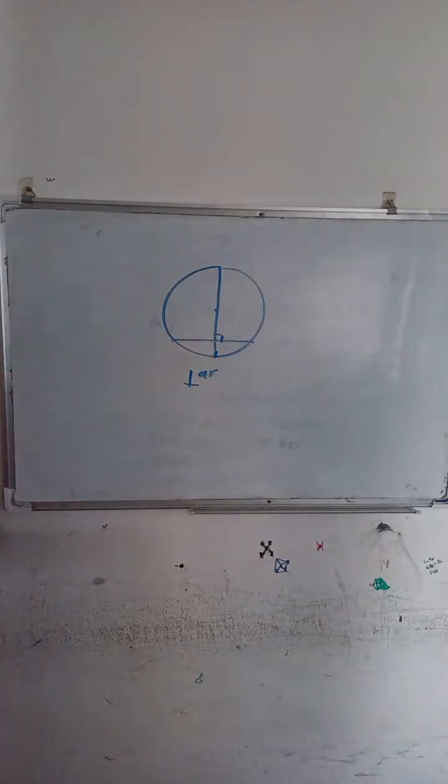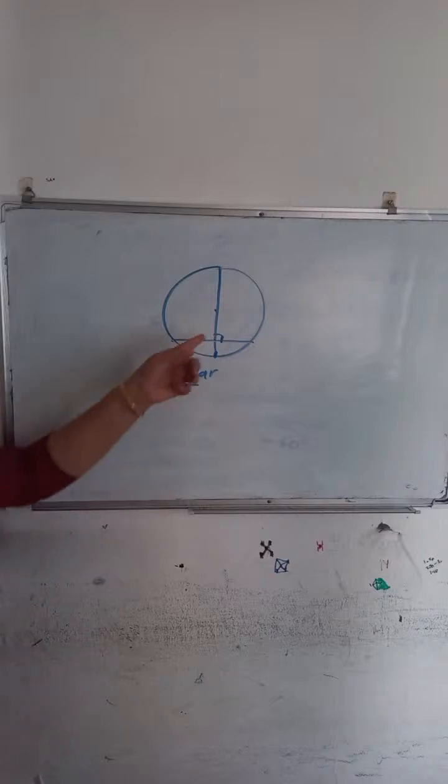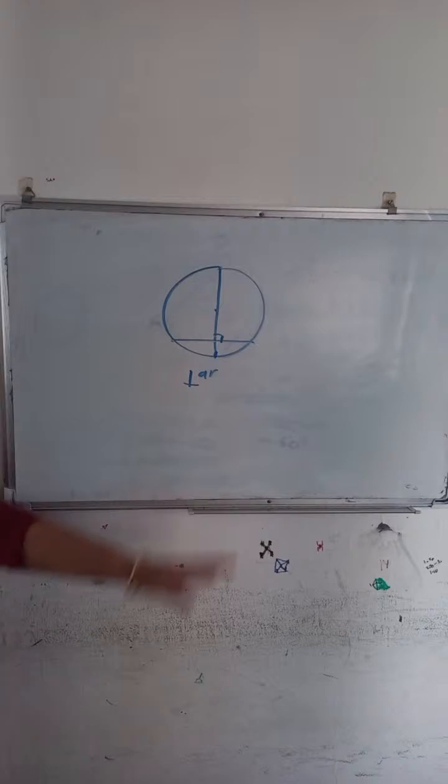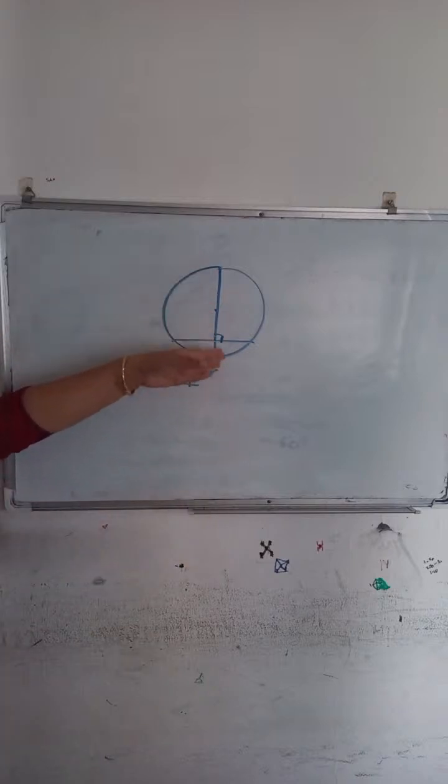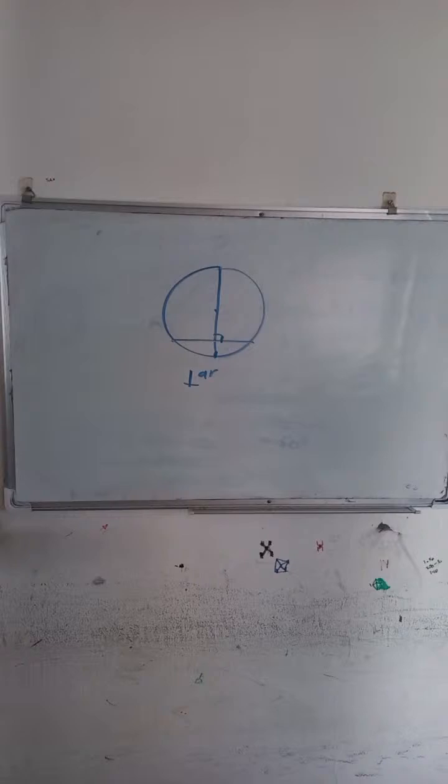So according to our options, here it is option B, perpendicular to the chord. It bisects that smaller chord, and if the line is passing through the center, that is nothing but its diameter. So here option B, perpendicular to the chord.